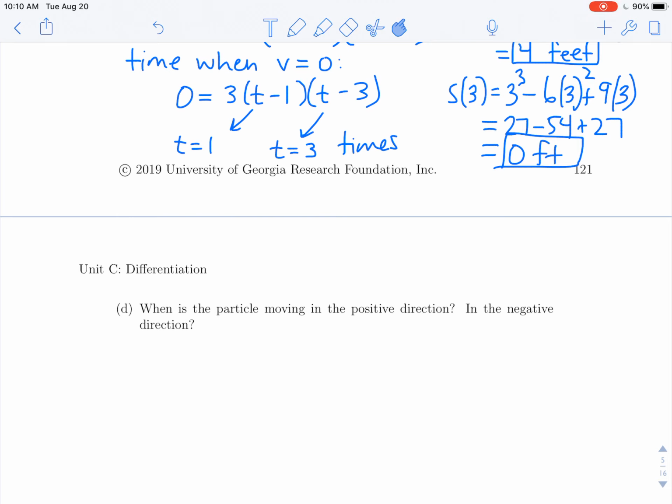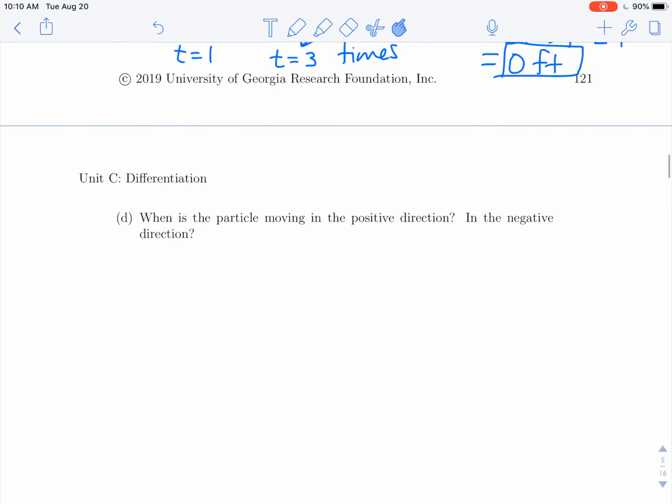Part D says, when is the particle moving in the positive direction and in the negative direction? Because we've already worked out when the particle is stationary, we can use that to answer this question. So it's stationary at t equals 1 and at t equals 3.